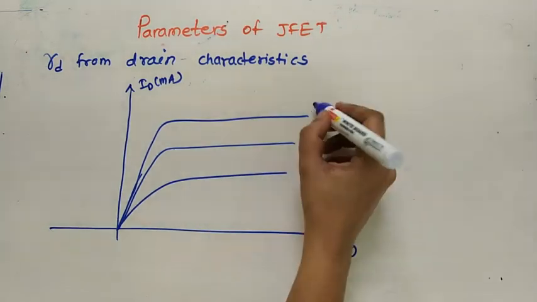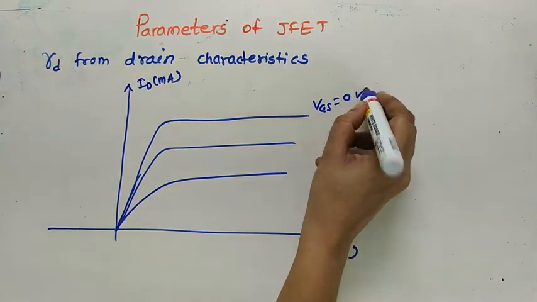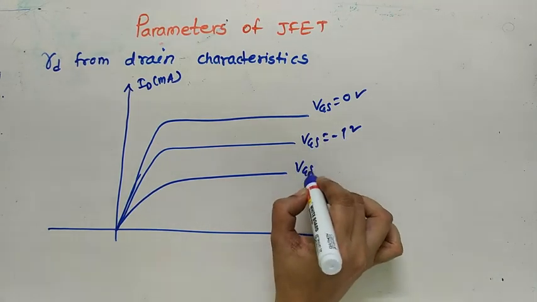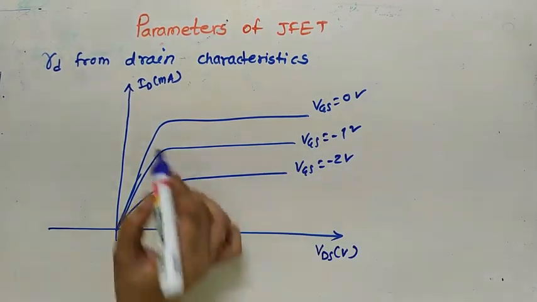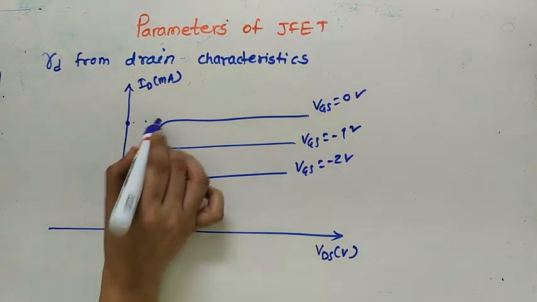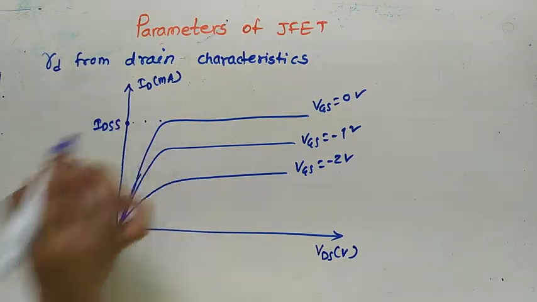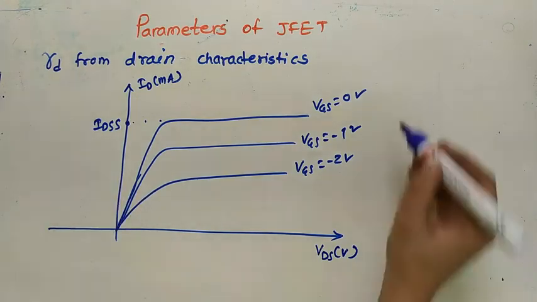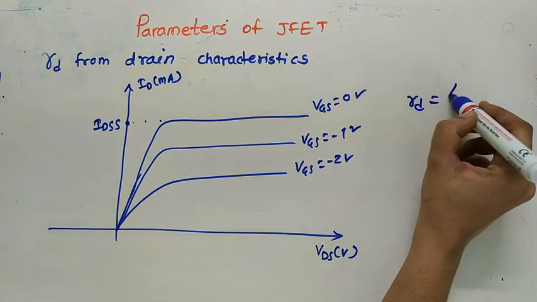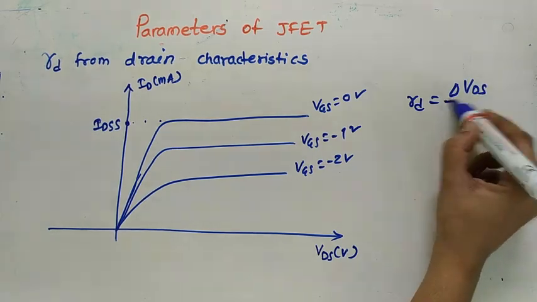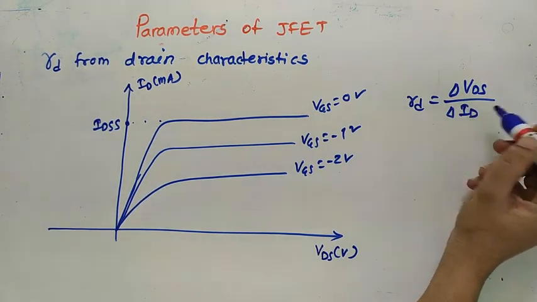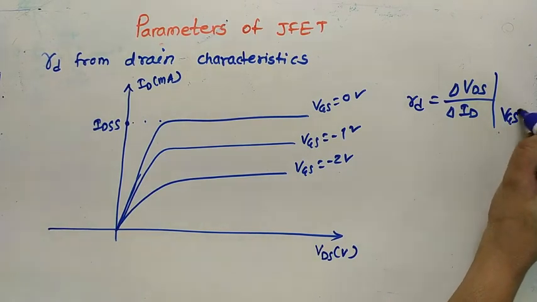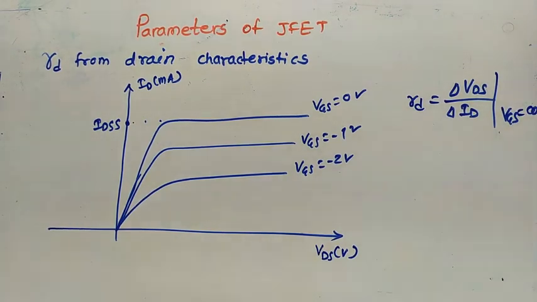This is for VGS is equal to 0 volt, VGS is equal to minus 1 volt, VGS is equal to minus 2 volt, and so on. So this maximum value of drain current is called as IDSS. So RD is calculated as change in VDS voltage with respect to change in ID when our VGS value is constant.